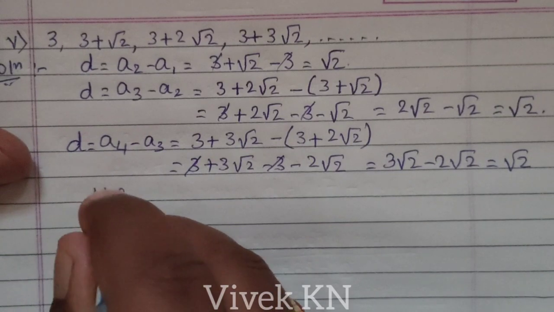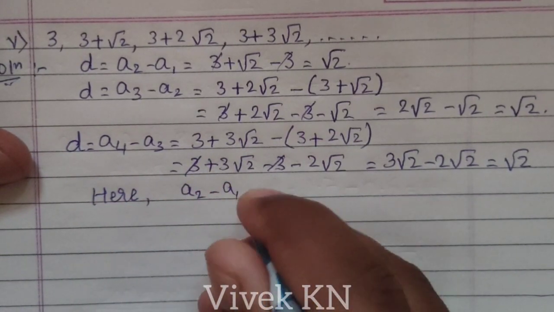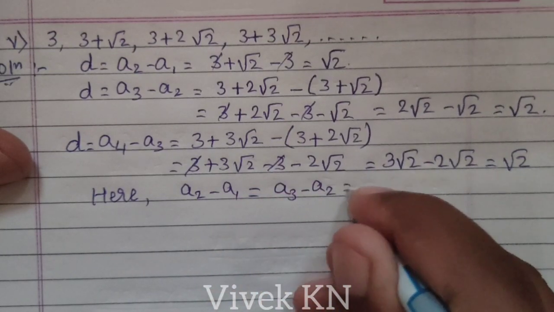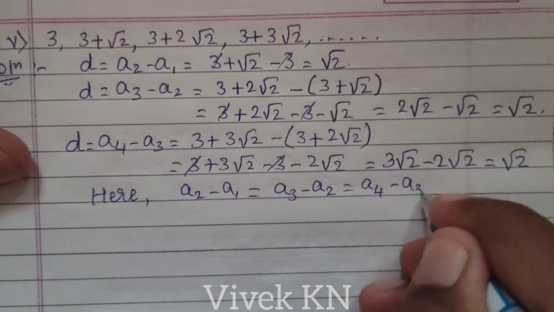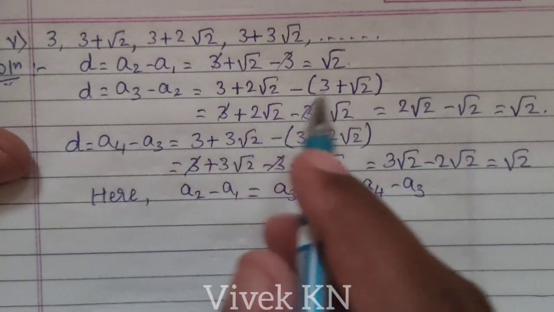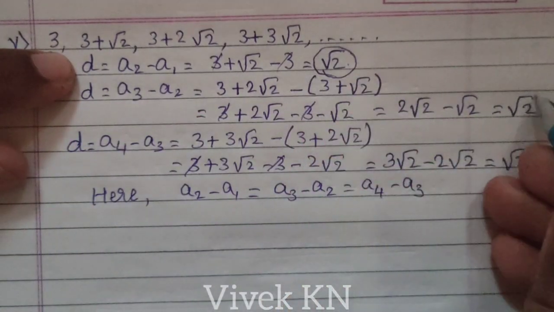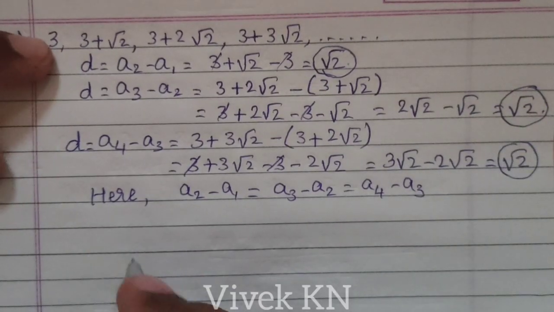Here a2 minus a1 is equal to a3 minus a2, which is equal to a4 minus a3. Here in this case, the common difference is all same, that is root 2, root 2, root 2.